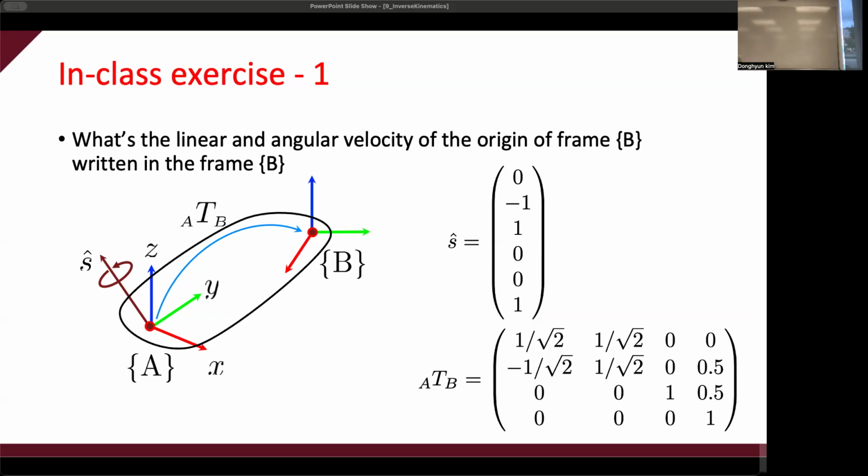Both of these describe that vector in frame 1, because this omega and v are both describing frame 1. Okay, so that makes sense. Thank you.